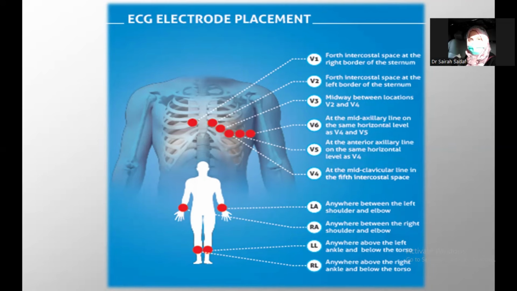Then V4 on the mid-clavicular line in the fifth intercostal space. Here, mid-clavicular line, right? Then the fifth one, again in the fifth intercostal space and in the anterior axillary line. And the sixth one for V6, we place it here, again in the fifth intercostal space and at the mid-axillary line, right?